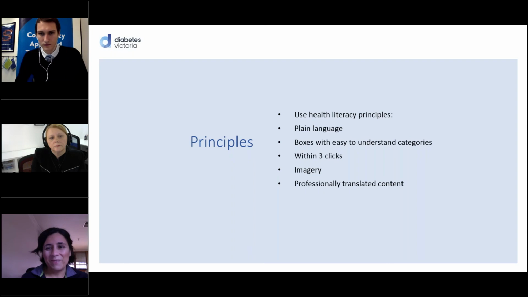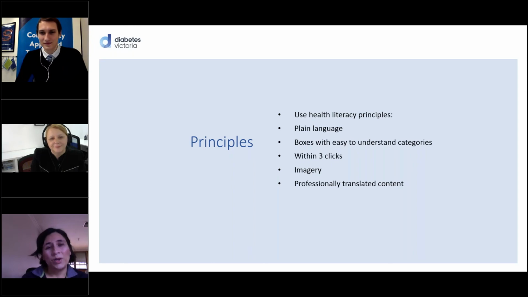And as has already been mentioned, ideally, with any website and for any user, people want to find their information as quickly as possible. So the aim is to try and find information within 3 clicks. If you go and test that on a website, it's always quite interesting to see how long it takes and how many different ways you have to try to find something. Yeah, it's always a good test.